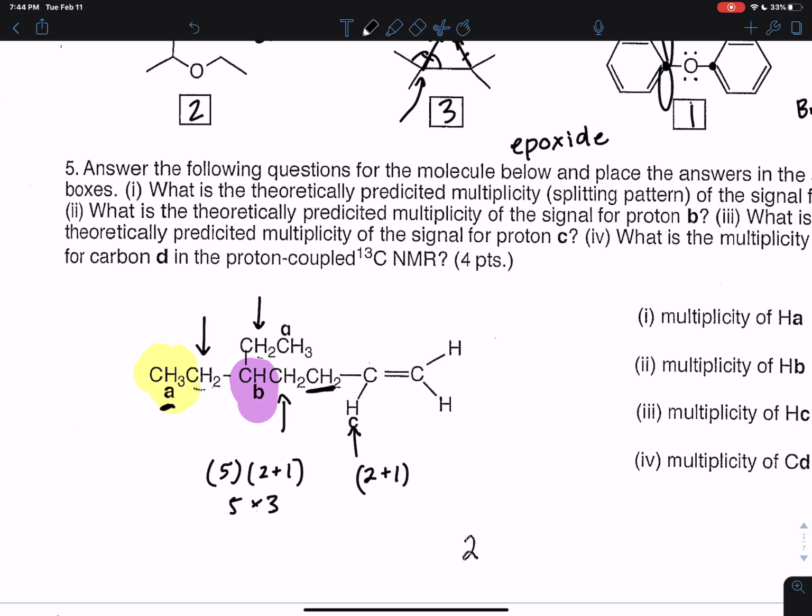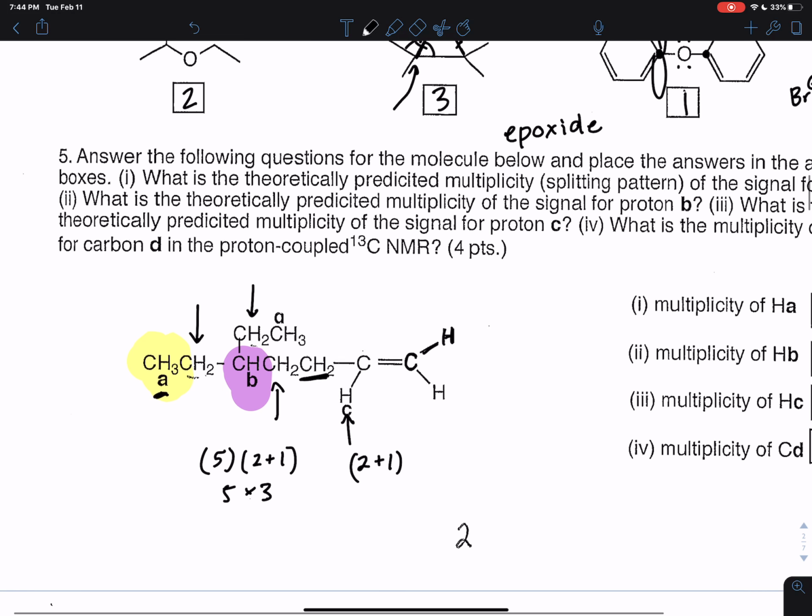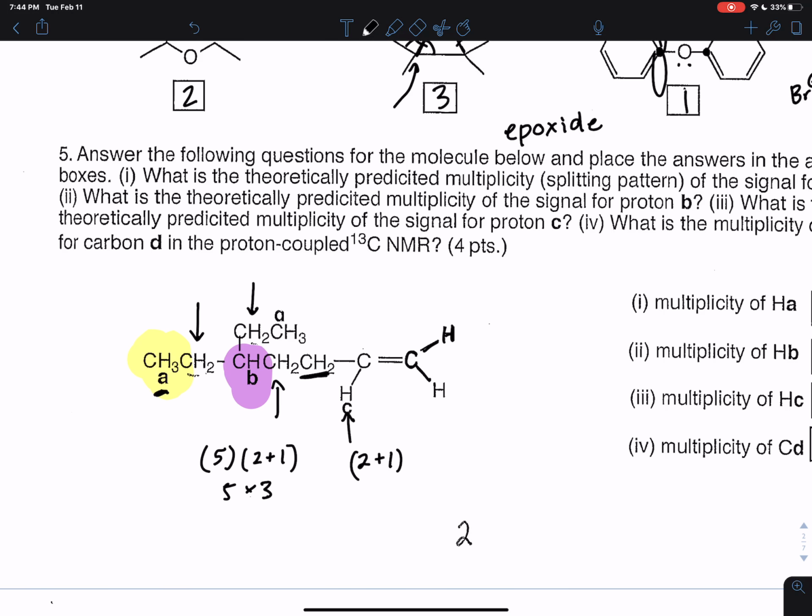Now we look to the other carbon from the other side. This one right here has 2 protons. But are these protons of the same environment or not? No. Why not? They're locked into place. When protons are involved in a double bond, they're rigid. That pi bond is locking them there, so there is no free rotation around the pi bond.